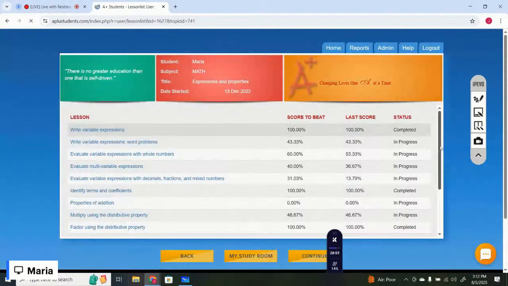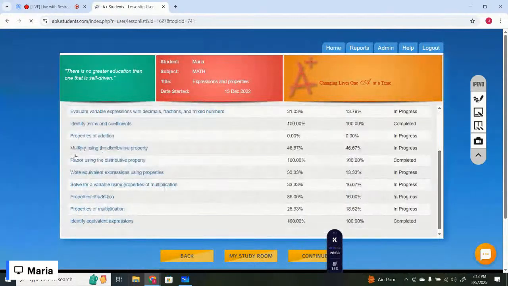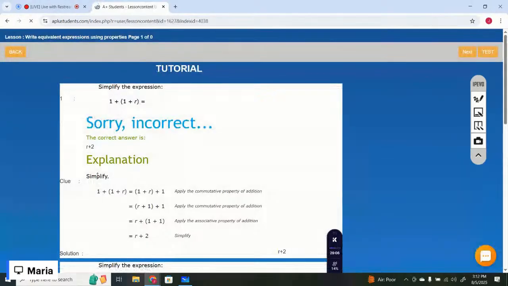Let's just move on to the next one. Write equivalent expressions using properties. Okay, simplify.